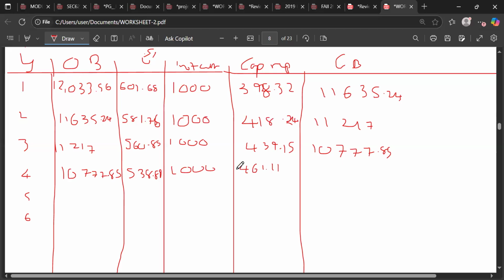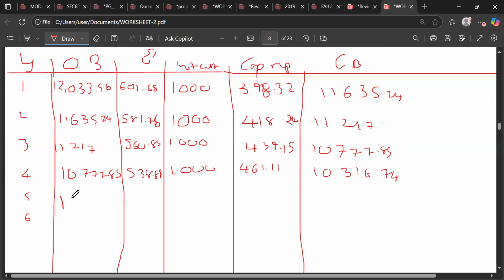And now 10,777.85 minus capital repaid, we're getting 10,316.74 here. So now keep moving the same way.